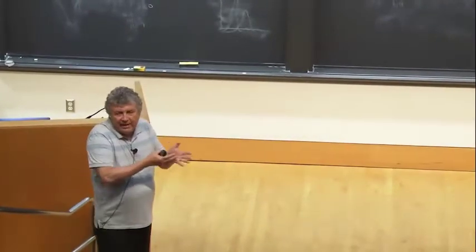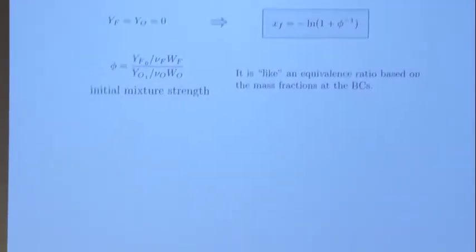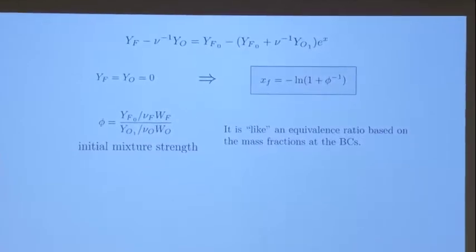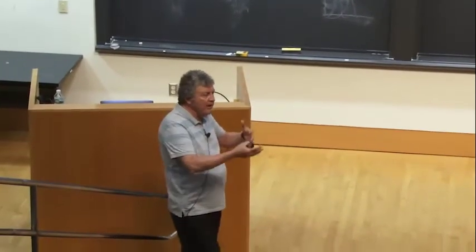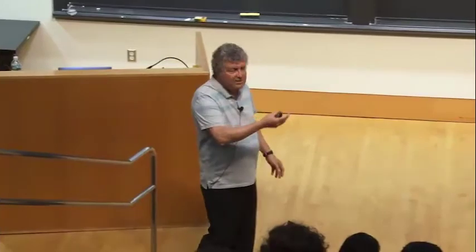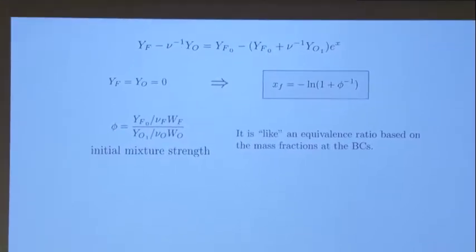There is an equivalence ratio in the region where they are mixed and they burn. But nevertheless, it plays a role similar to the equivalence ratio, because it tells you if what you are providing is rich or lean, in other words, with more fuel than oxidizer, or more oxidizer than fuel. And so I will refer to it as the mixture strength.